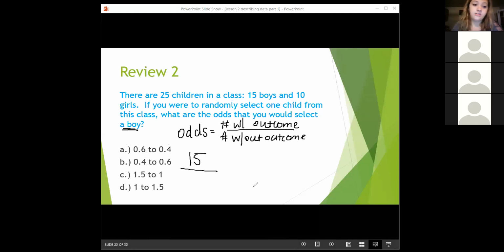So you would do 15 divided by 10, the number without the outcome, which would be the girls, and then you're going to get 1.5. So that's saying the odds of getting a boy is 1.5 to 1. So you have a 1.5 chance of getting a boy to every one girl. There's 1.5 boys for every girl, which doesn't make sense, but yeah. Does that make sense to everyone?